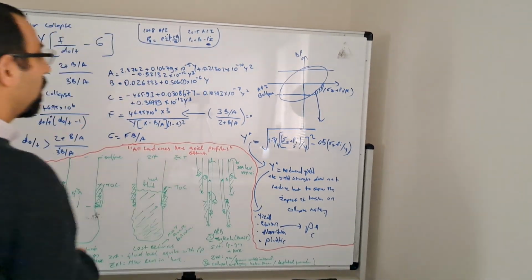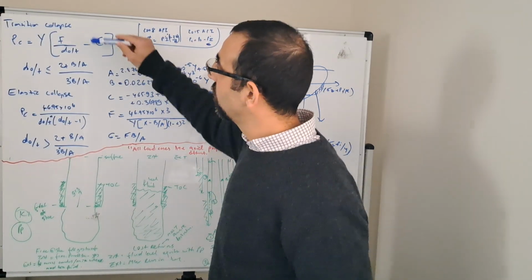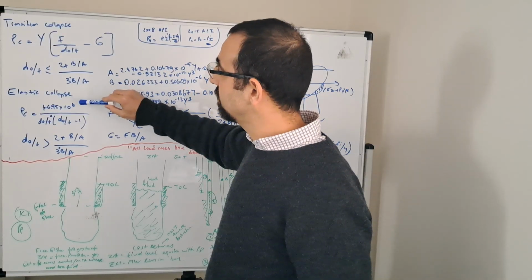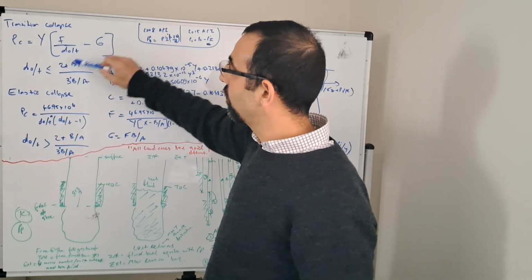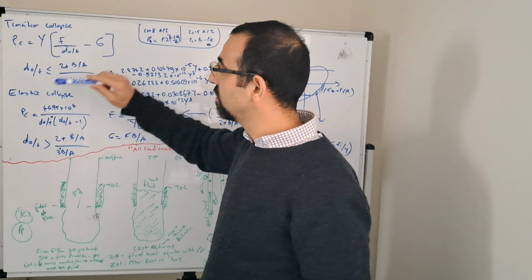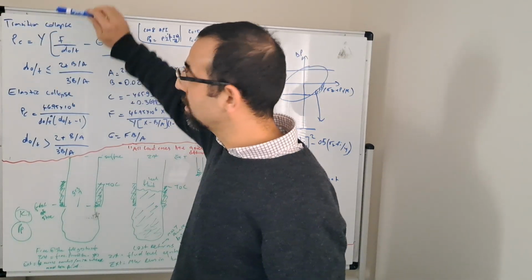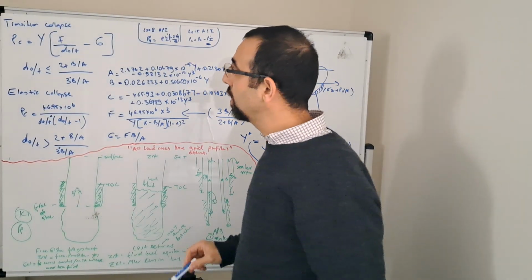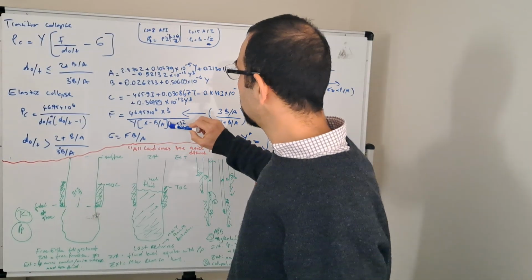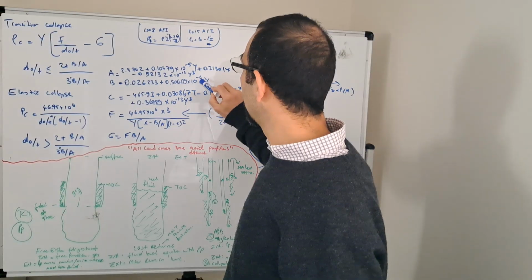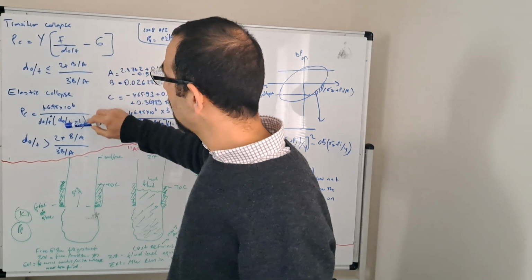If we continue our regions, you can ignore this part for a moment. We have the transition collapse and the elastic collapse from bottom to top, and of course the outer diameter to thickness ratio is getting higher. So the pipe is getting thinner towards the top, and you see all the A, B, C constants that are mostly impacted by the yield strength, and you can see all the collapse limits.